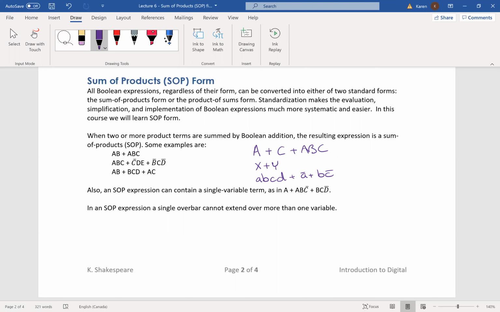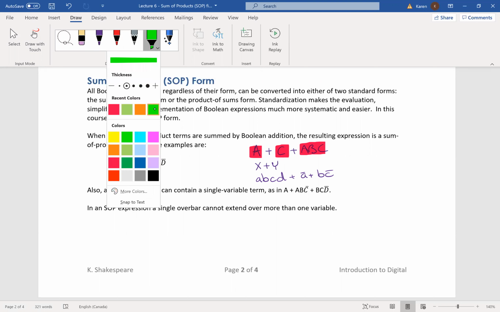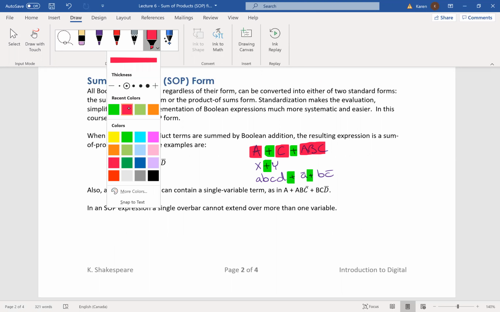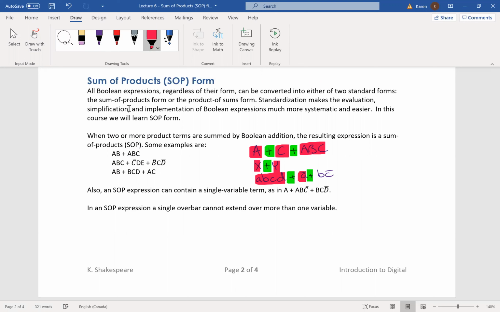So as long as you're seeing products separated by sums, it's sum of products form. So products separated by sums, sum of products form.